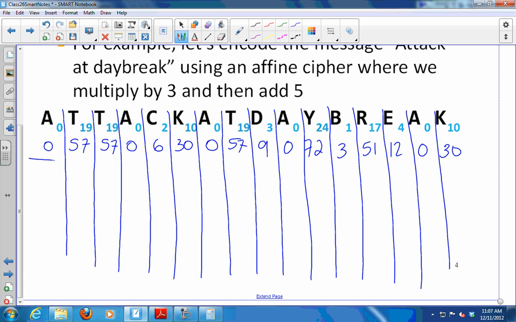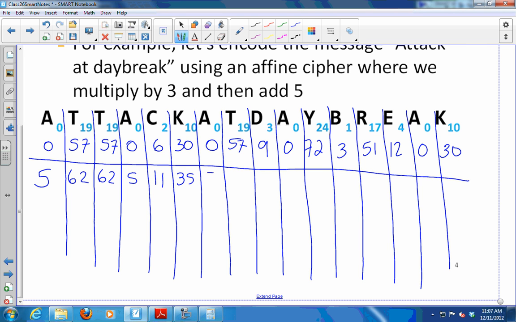Okay, so next, now I've multiplied by 3. The next step is to add 5. According to this cipher, multiply by 3, then add 5. So I'm going to get 5, 62, 62, 5, 11, 35, 5. So just adding 5 to every number that I got in the previous step.